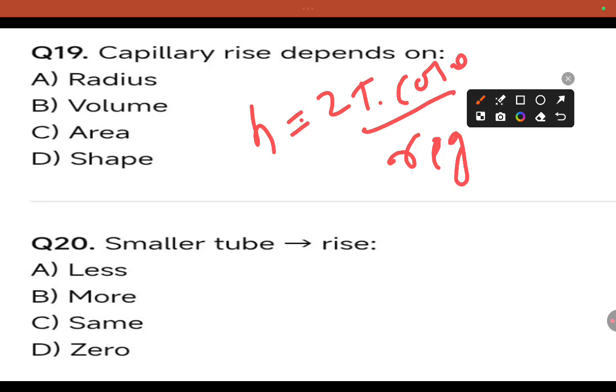We can conclude that the phenomenon is about the adhesive character. Capillary rise depends on r, the radius. A smaller tube gives a higher rise. This question is incomplete, but a smaller tube rise means more pressure.